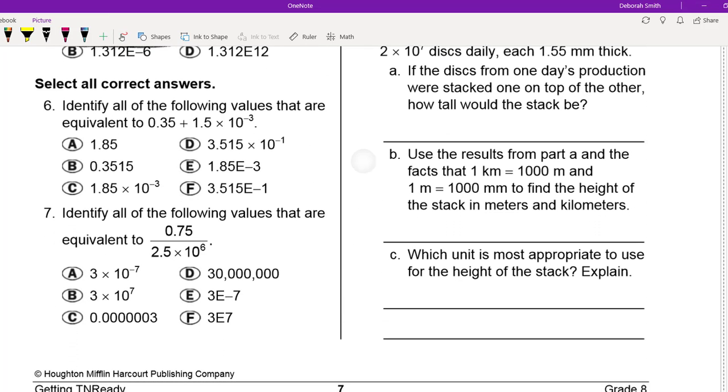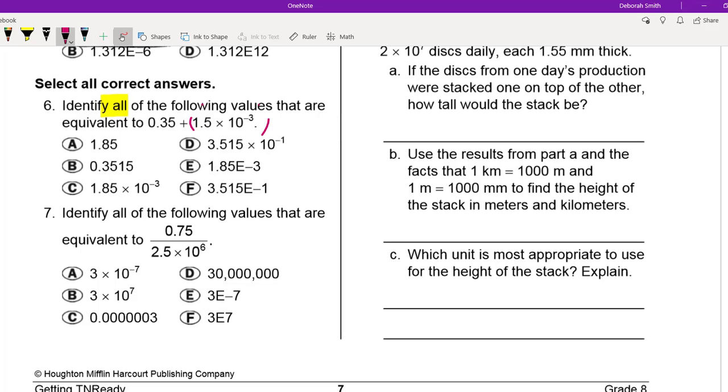Number 6, this is a pick all. It says identify, make sure you read all those words, all, and it's not emphasized for you. And when you put this in, again, put parentheses, particularly around the exponent or the scientific notation expression.